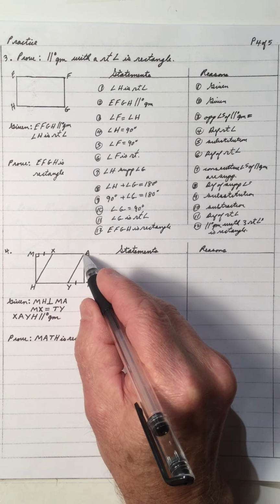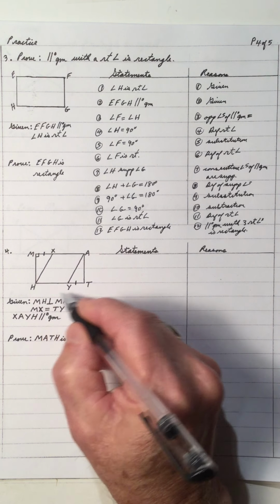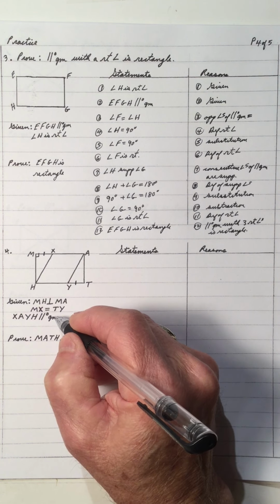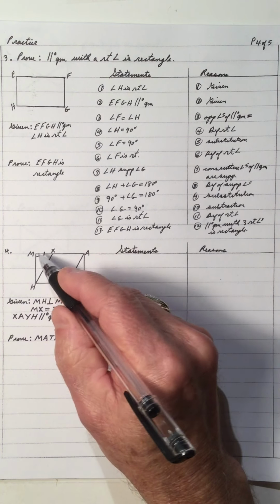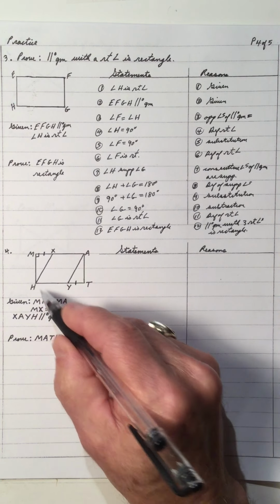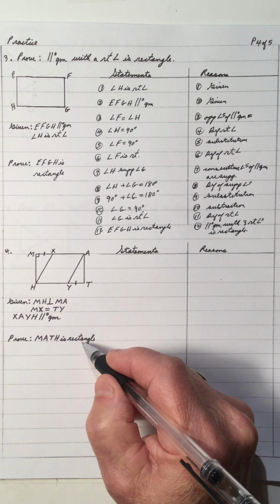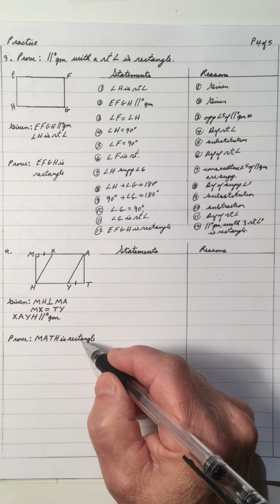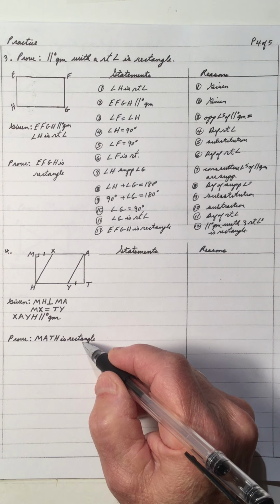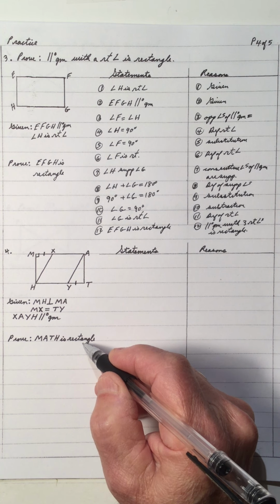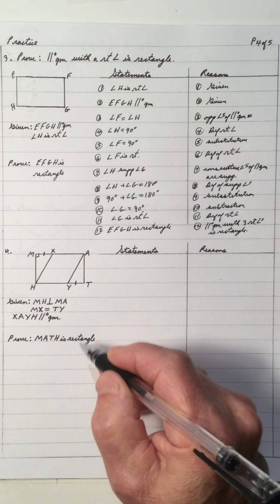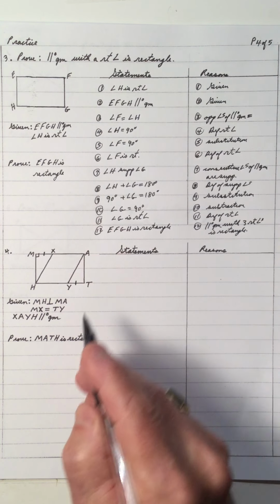And XAYH is a parallelogram. So I need to prove that MATH is a rectangle. So to get a rectangle, I need a right angle, because a parallelogram with a right angle is a rectangle.